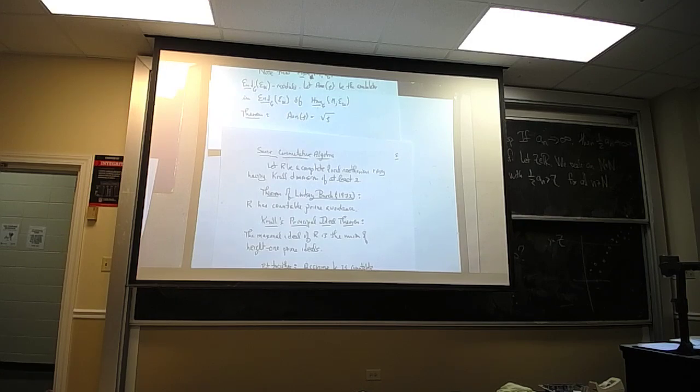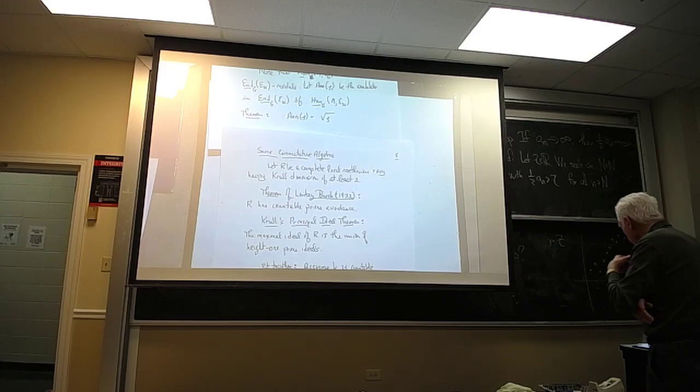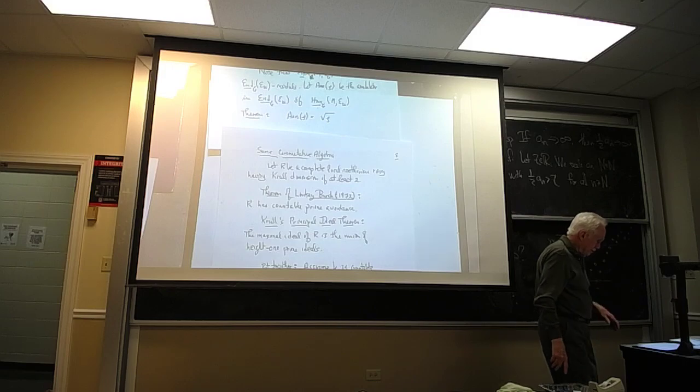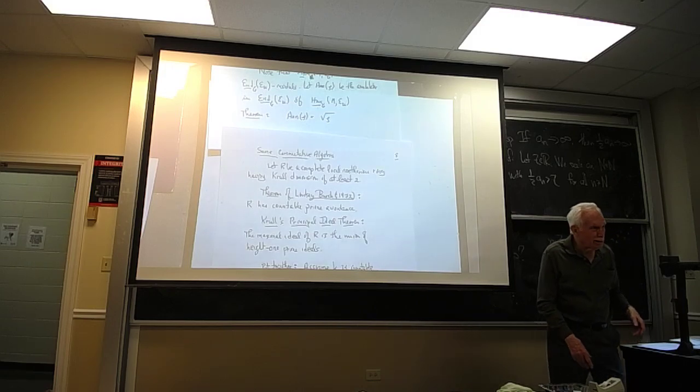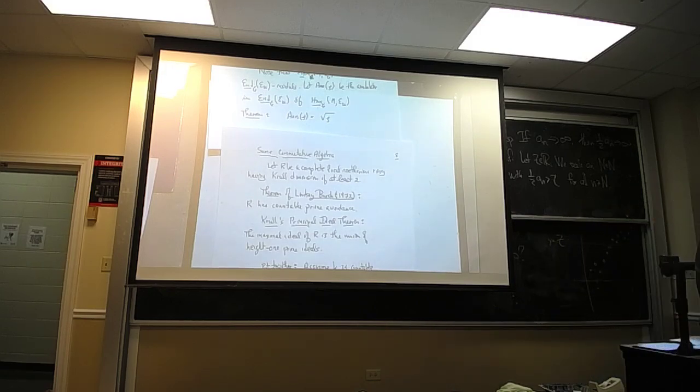Okay. So this tells you that if I have any element in R, it is in some height 1 prime. All right. So what do you get when you put these together? What you get is that the number of height 1 primes must be uncountable.